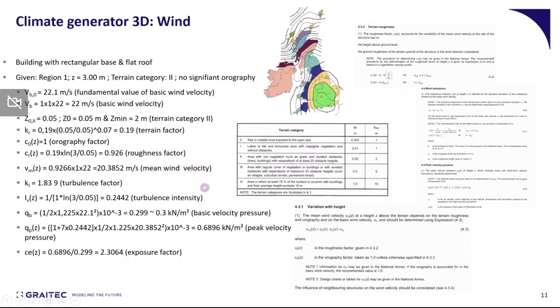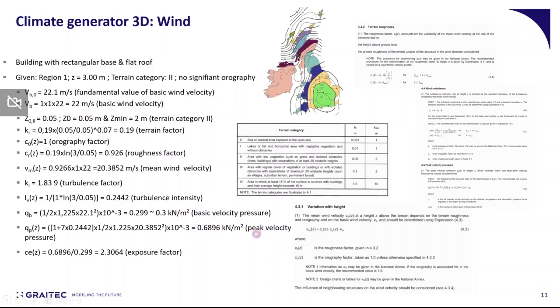All these parameters are defined precisely in the Eurocode 1 for wind loads. Using all those parameters, the basic velocity pressure is calculated, and using all those parameters and the basic velocity pressure, the peak velocity pressure is identified.